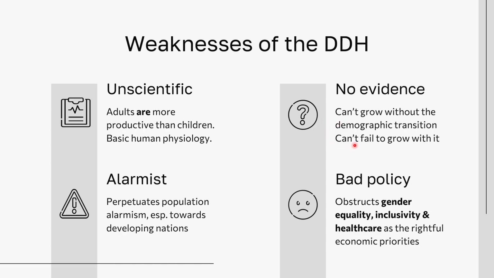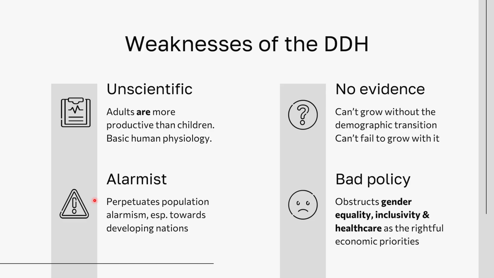We also don't have any instances of a nation or an economy not going through a transition while achieving a fairly robust level of macroeconomic growth. You can't grow without the demographic transition. That's what the data suggests. The data also suggests growth without a demographic transition is nigh impossible.